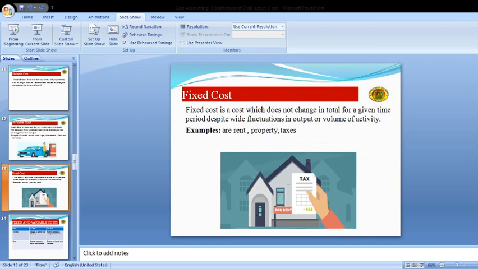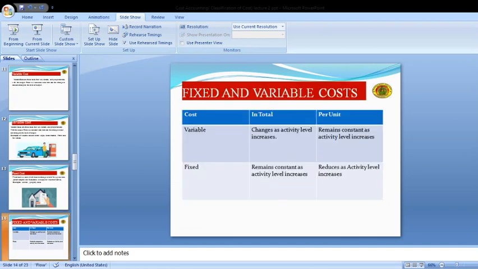Other examples, as you can see here, include rent or property taxes. This table also gives examples of fixed cost. Now, this table gives the summary classification. So, variable cost in total changes with the level of activity. If you calculate it on a per unit basis, it would remain constant.